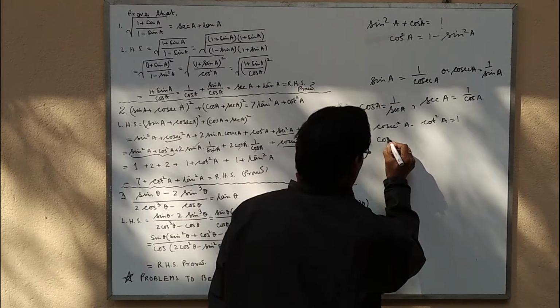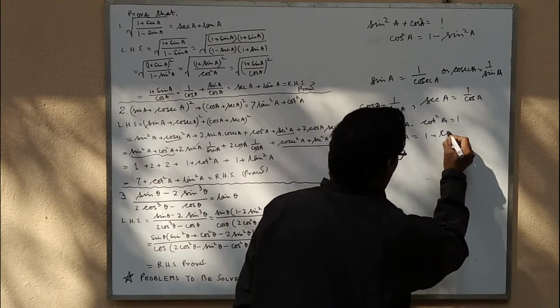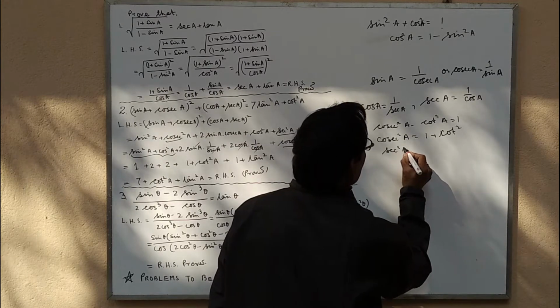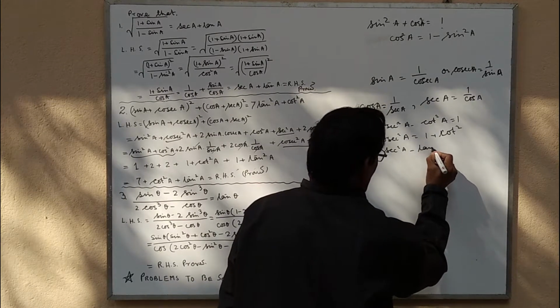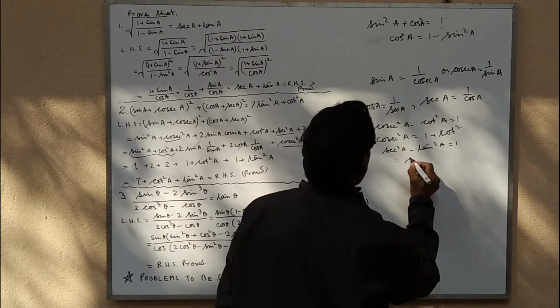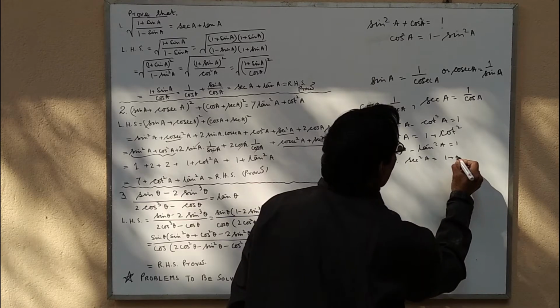Therefore cosec square a equals 1 plus cot square a. Similarly, sec square a minus tan square a equals 1. Therefore sec square a is equal to 1 plus tan square a.